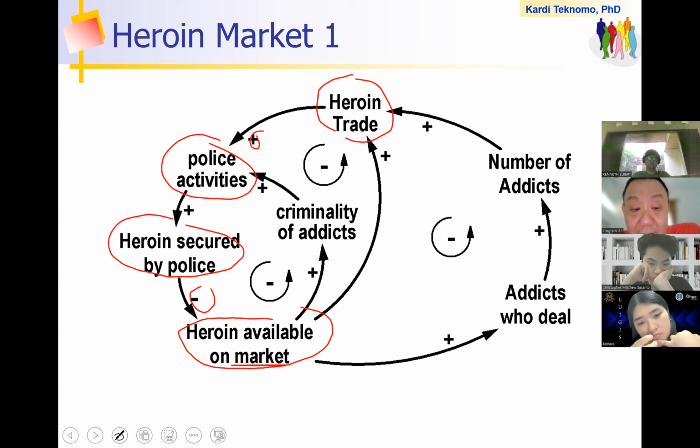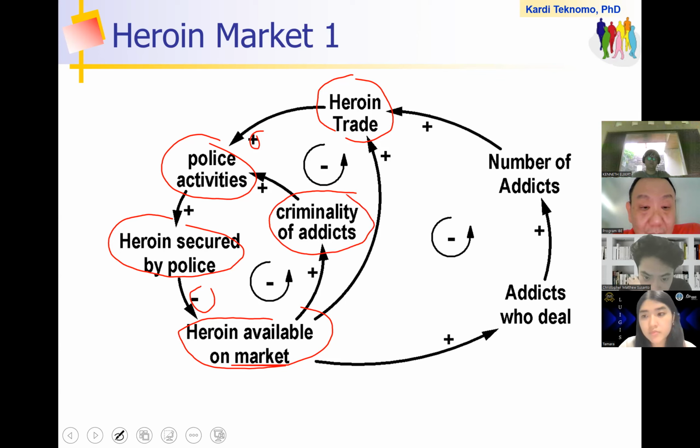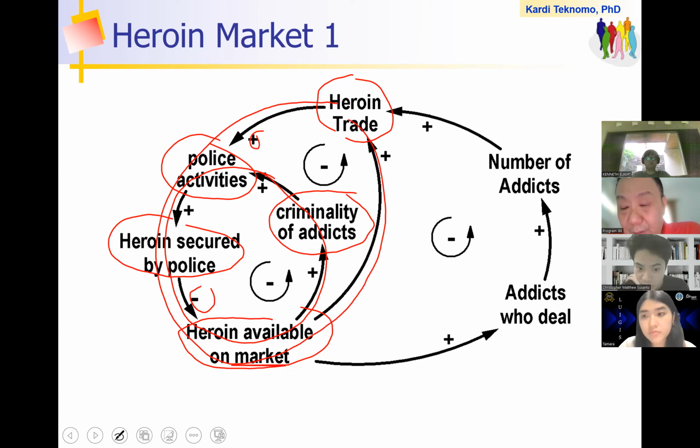Now the more heroin in the market will increase the criminality of the addict, and the increased criminality of the addict will also increase the police activity. So on itself, this becomes a negative feedback loop, right? And here you get again a negative feedback loop.